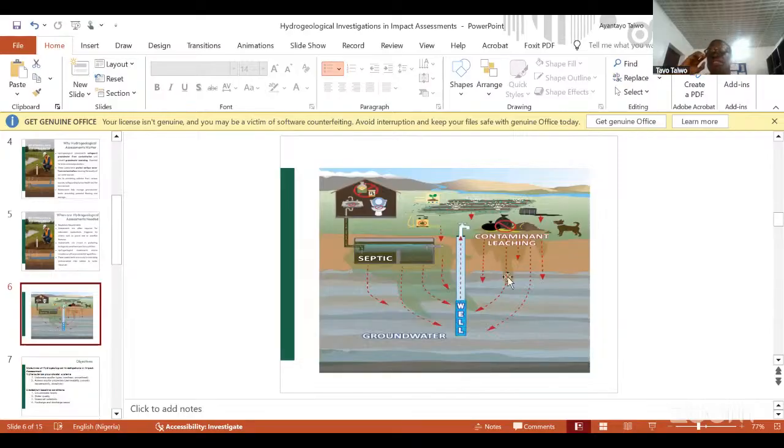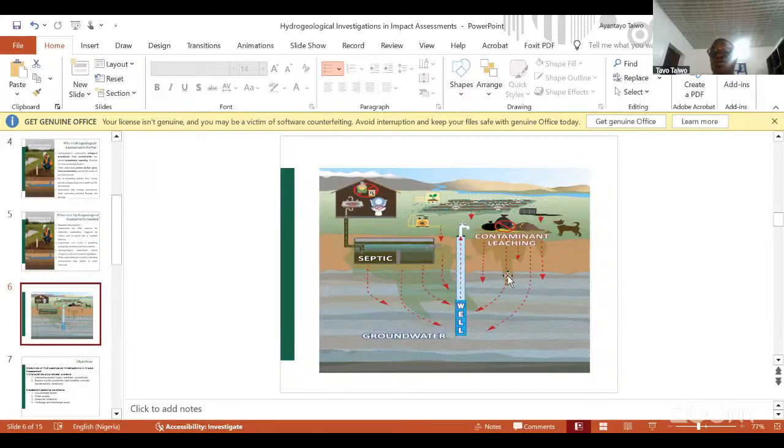Just like what we've been saying, I put this diagram here so that you see what we're talking about. Our groundwater can be contaminated by septic tanks that are not properly constructed. In some other instances, you also have contaminant leaching, maybe from improperly managed landfills, or in our own case, we don't even have a landfill.